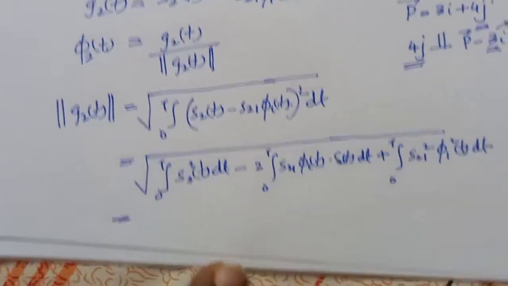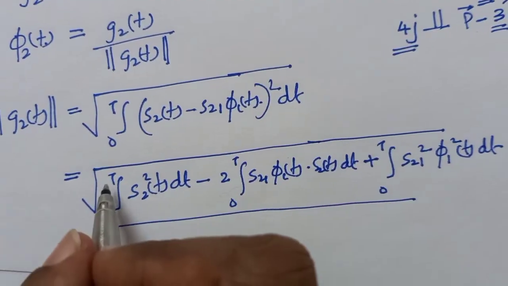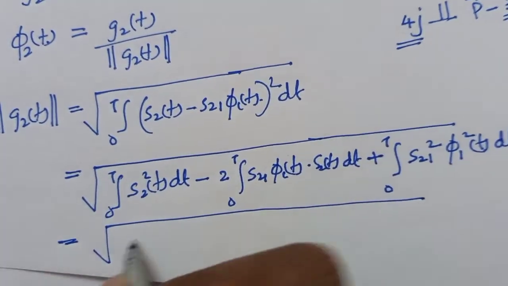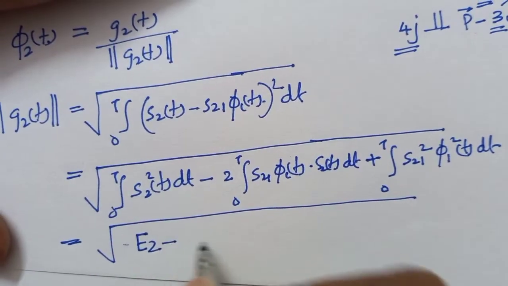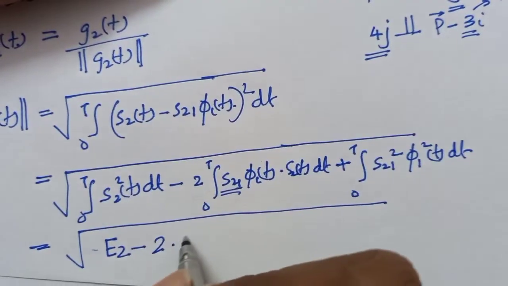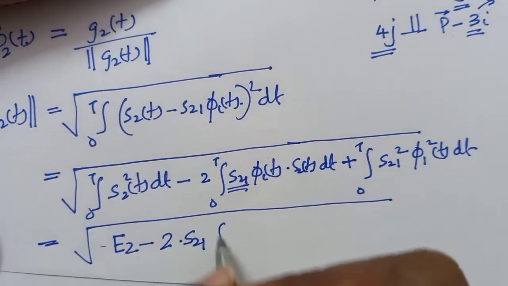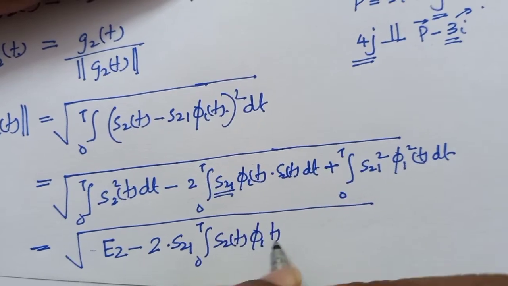So as we discussed in our class, the first term, integral 0 to T of s2²(t) dt, is E2, the energy of the signal s2(t). Minus 2 into s21, since we know that s21 is a constant, 2 into s21 into integral 0 to T of s2(t) φ1(t) dt.